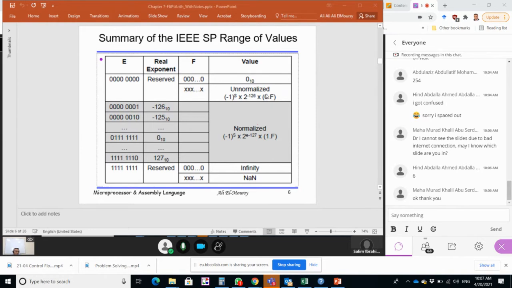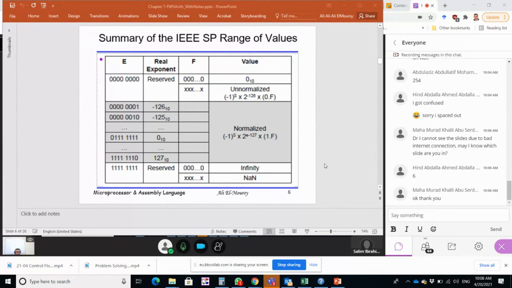We do not add the 1 to the fractional Mantissa, and we assume that the exponent is the minimum ever, which is minus 126. So the equation for unnormalized is minus 1 to the power s, 2 to the power minus 126, multiplied by the fractional Mantissa directly, without adding the 1 to its most significant position, the integer part.